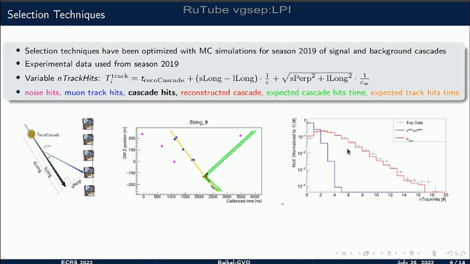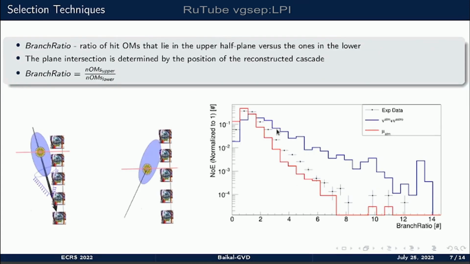We can see that the experimental data again are in good agreement with the background cascades, and in background cascades we have many more found track hits than in signal cascades, and some of the hits were misidentified as track hits in this method, because in neutrino cascades we don't really have any track hits. Okay, the next method which has been developed is called the branch ratio.